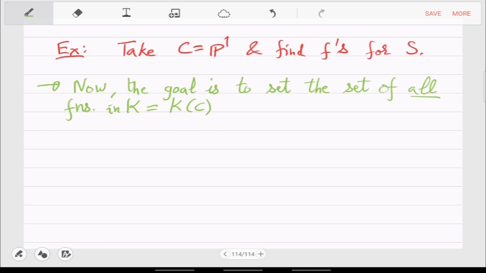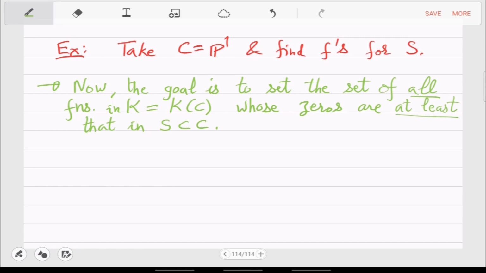So in a transcendence degree 1 function field, what are the functions whose zeros and poles come from this set S with specified multiplicity? We want to look at the set of all those functions.